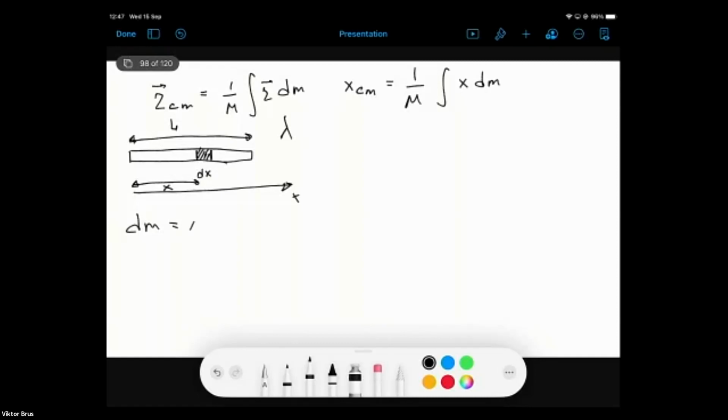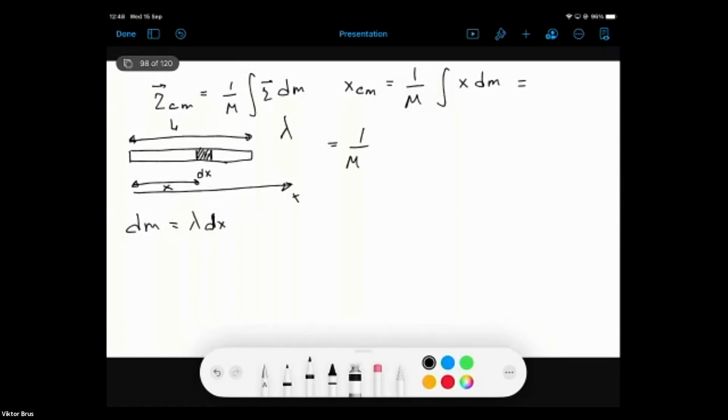Good, yes, it's lambda times dx, because lambda is our linear density. So if we multiply it by the length of this small element, it will give us the mass of this small element. So that is convenient now because we can go from dm to dx, and that is what we need to do.